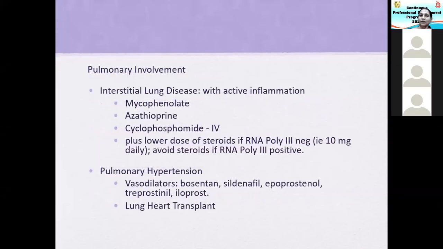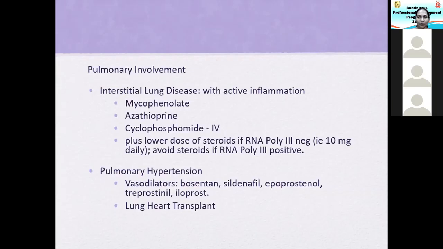Now, when we consider pulmonary involvement, interstitial lung disease with active inflammation, the ground glass appearance, you can use mycophenolate mofetil, azathioprine, or IV cyclophosphamide. You can use both oral and IV, but IV will have lesser side effects. And if you are using steroids, it has to be very low dose steroids. Why?